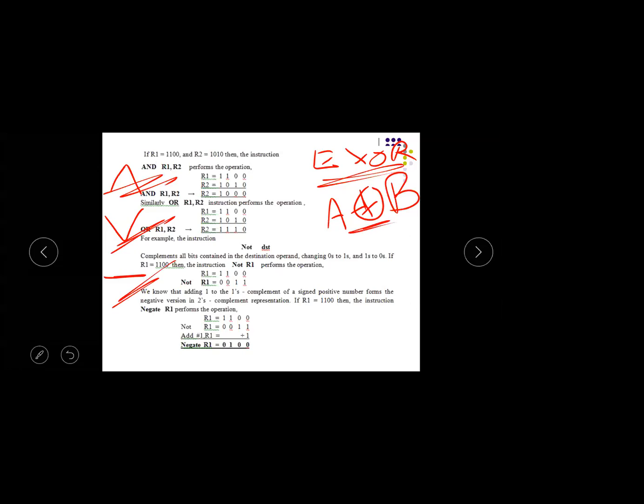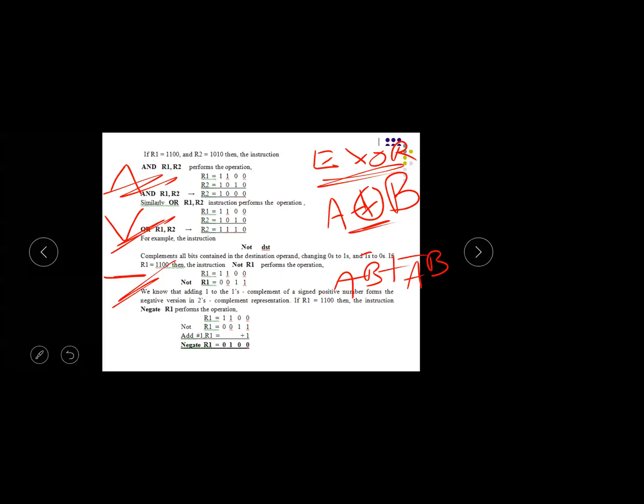A exclusive OR B is nothing but AB bar plus A bar B. This is the exclusive OR gate truth table.